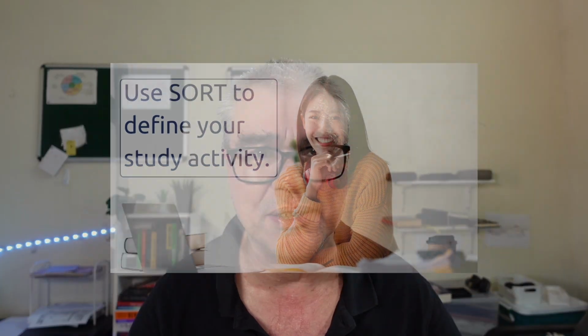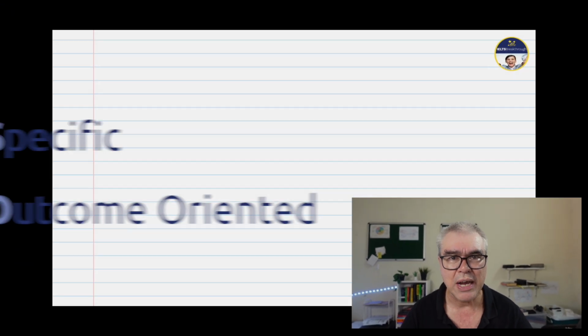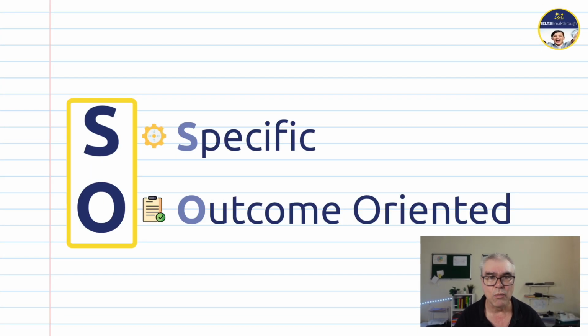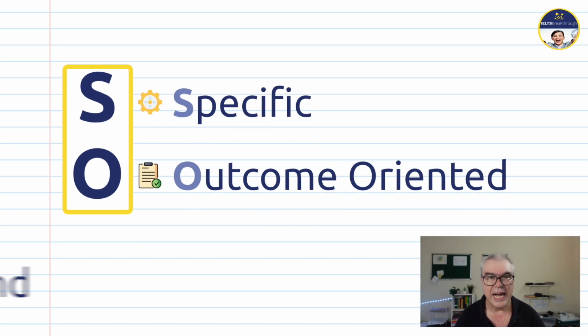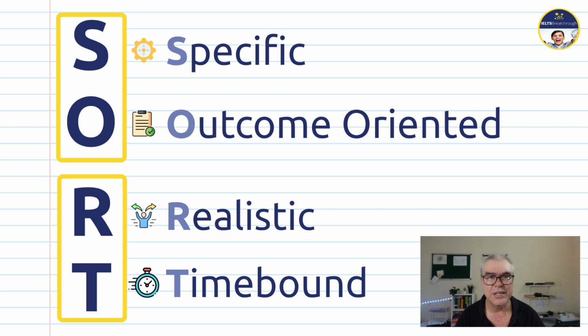Let me explain. S means specific. That is where you state exactly what you plan to study. O means outcome oriented. Now, for O, what you need to do is to apply some kind of number to your study schedule, your study session. I'll explain this with an example in a minute. And then in the second half, we look at a bit more of the measurement.